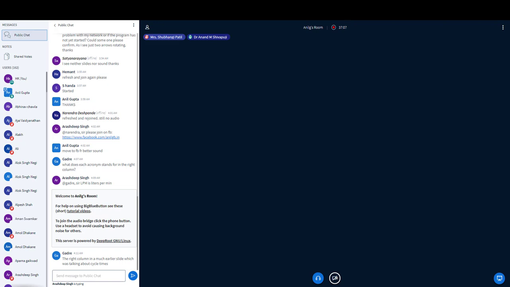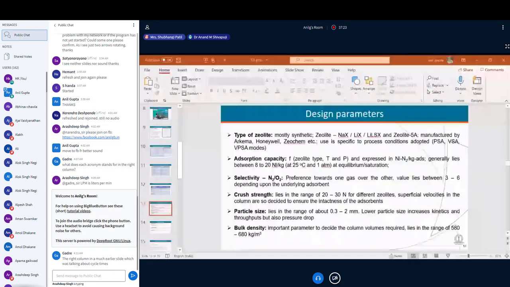There is no material available in the market which will allow us to completely absorb nitrogen and allow only oxygen to pass. So if it absorbs some oxygen, then some nitrogen also will be absorbed. So that is one important factor that we need to design. We need to understand that the nitrogen to oxygen ratio or the selectivity should be as high as possible, so that we lose very little oxygen and our oxygen separation capacity will be very good.